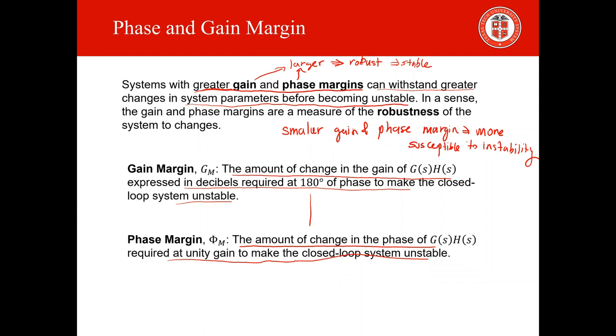We're talking about the magnitude being below that 0 dB, which we talked about was 0 dB corresponding to a magnitude of 1. And so when we had our phase plot at 180 degrees, that's where we saw this gain margin.